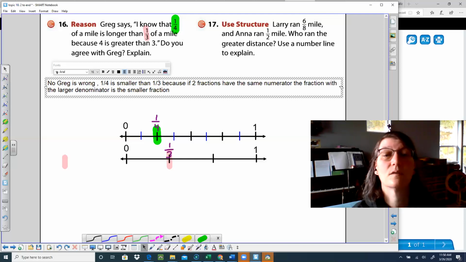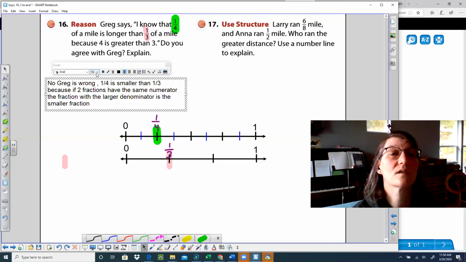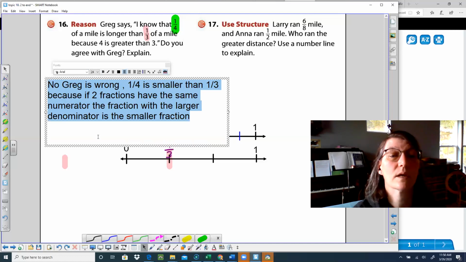Oh, whoops, didn't mean to do that. And I'm going to make this a little bigger so it's easier for you to see. Oopsie, I thought I was going to make it bigger. Let's try that again. There we go.